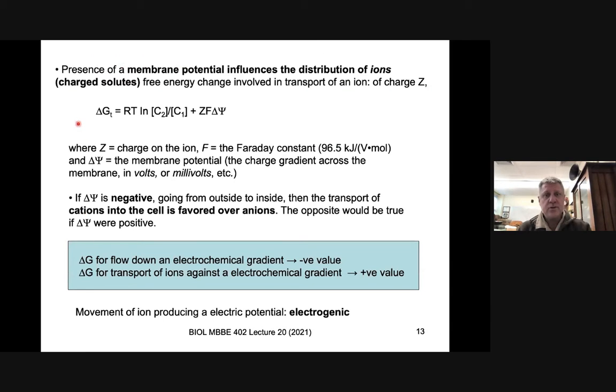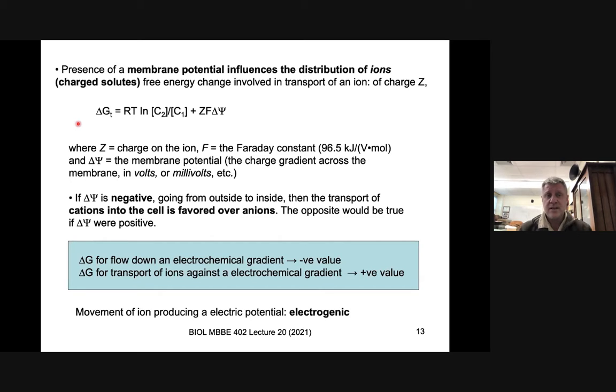Now we can also see this influence if C1 and C2 are influenced by a charge distribution, meaning we're not just moving things against a chemical gradient, a difference of C1 and C2, but we also now have to contend with the charge of that membrane.